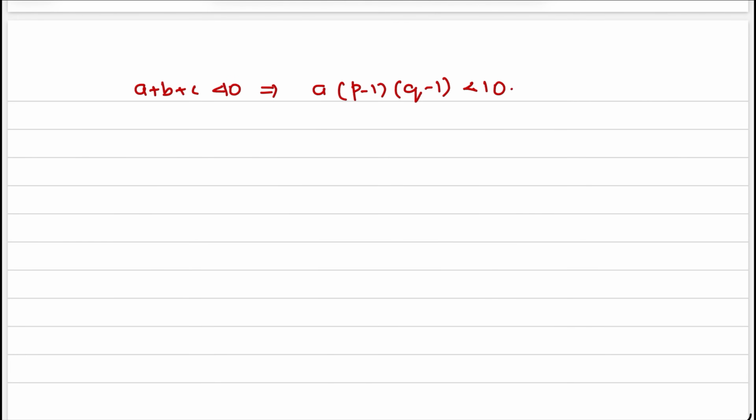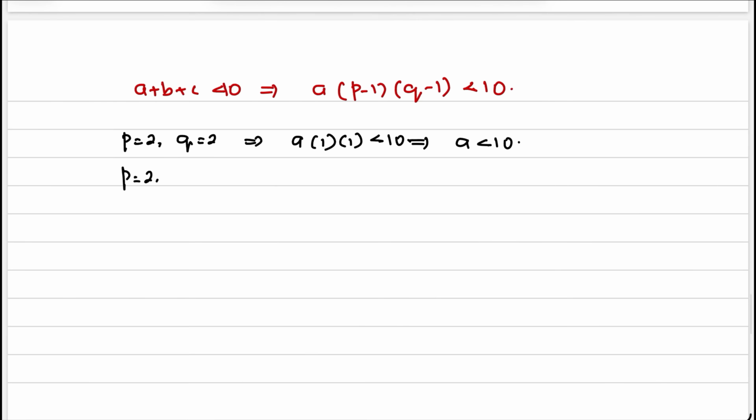And the combinations, for example, we can take P is equal to 2 and Q is equal to 2. That implies a into 1 is less than 10. This is possible. a is less than 10. Possible. Yes.